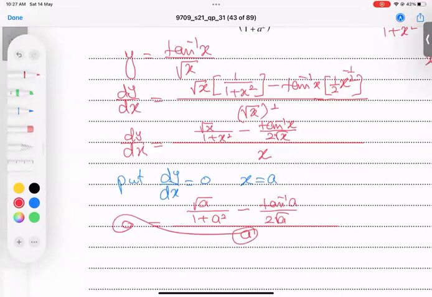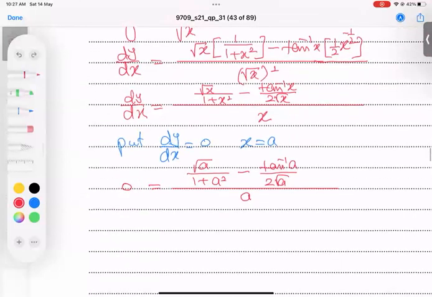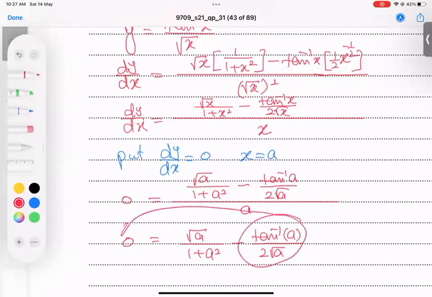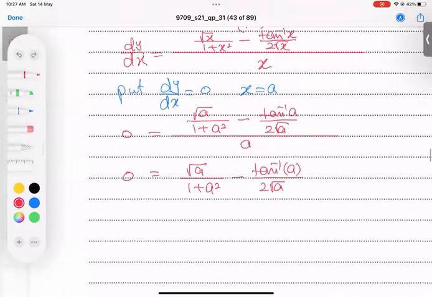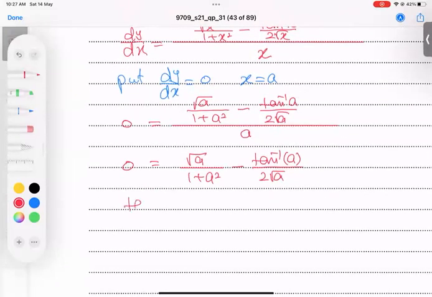This a into 0 will finish automatically. So ultimately I'm getting root a over 1 plus a squared negative tan inverse of a by 2 root of a. Best technique, bring this to the left hand side, so the minus sign will automatically eliminate.